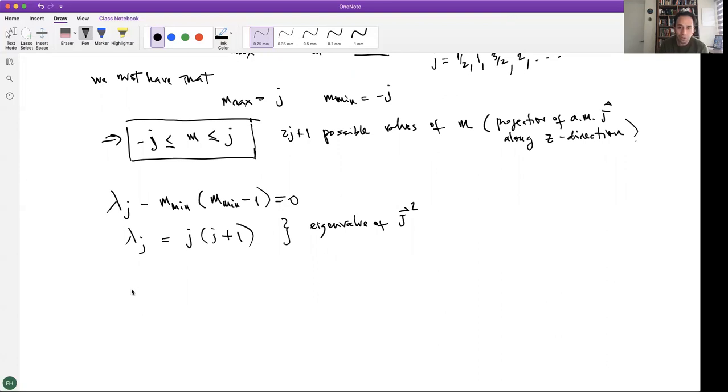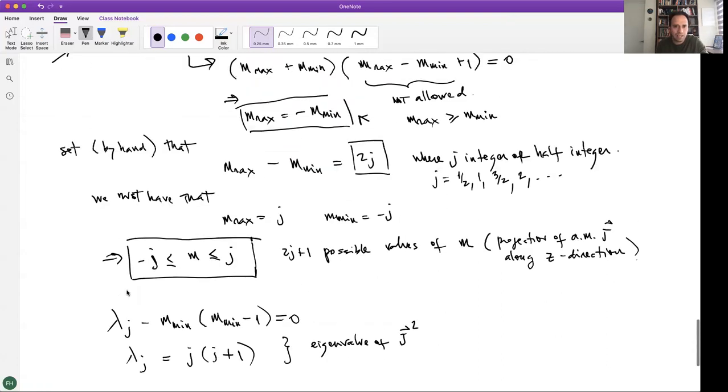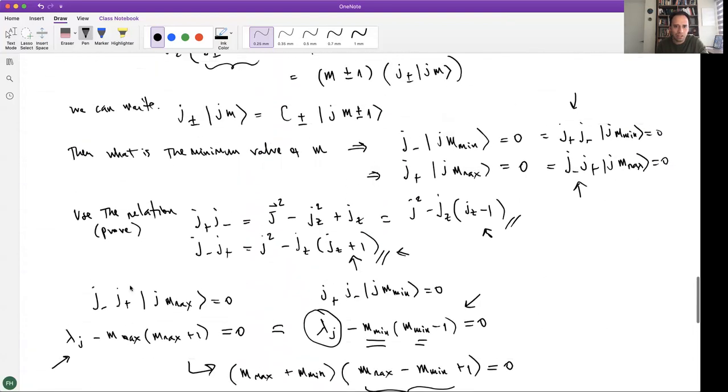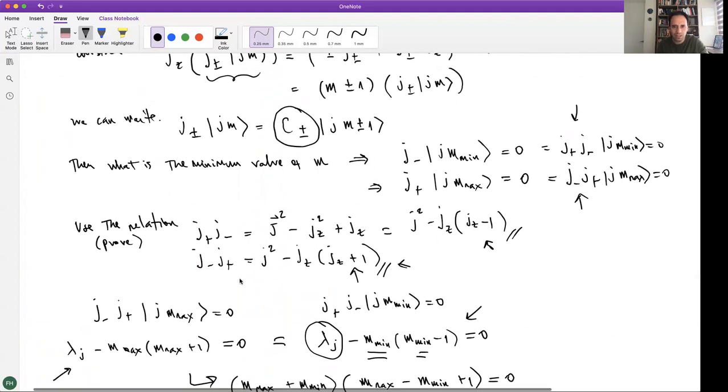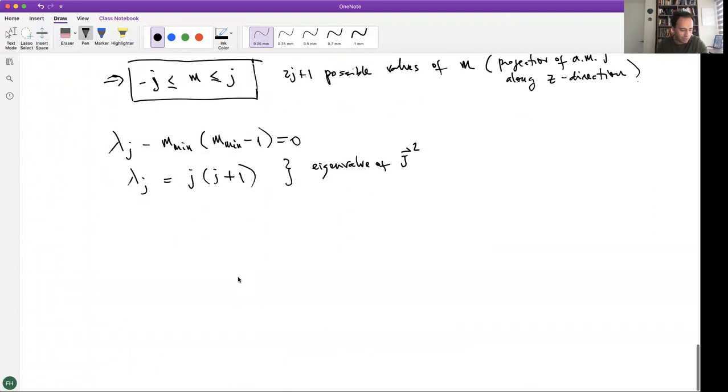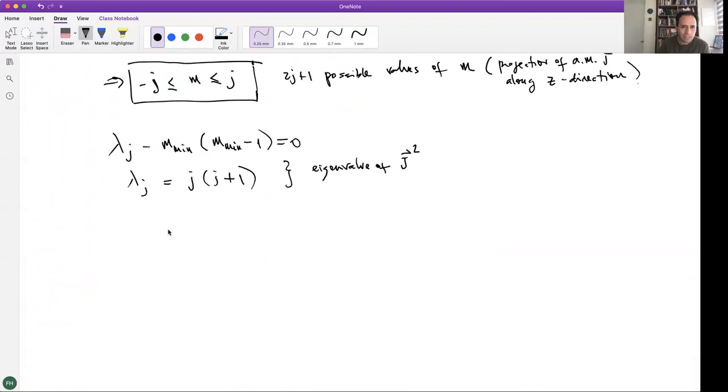And now there is one thing left to define. What is this constant c? Remember, that's the question we have: what is the constant c plus minus?